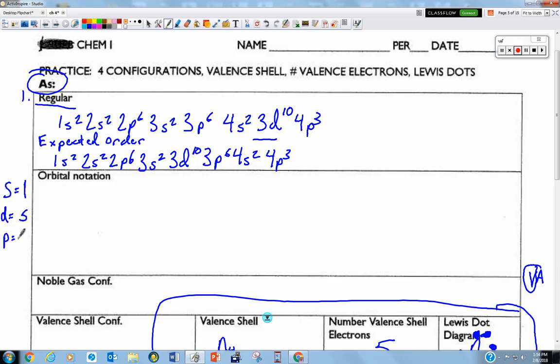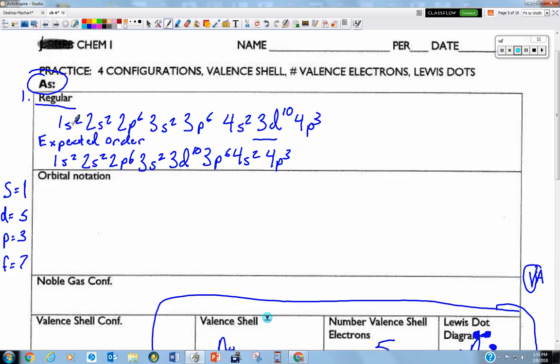For p, we had 3 orientations, and for f, we had 7. So this is something key now: we're going to take this information, the regular order configuration, and make it a little bit more graphic. Instead of identifying the electrons with numbers, we're going to identify them with arrows.